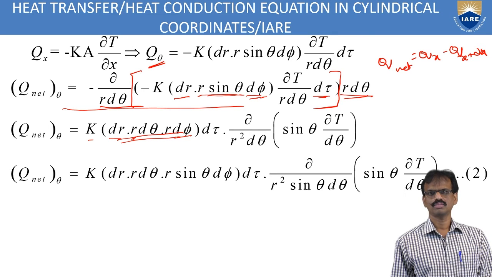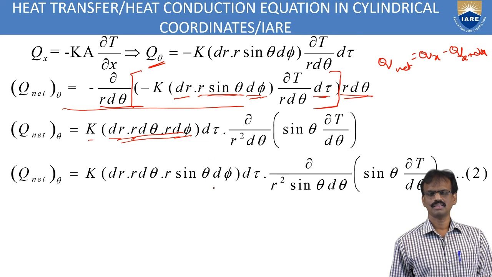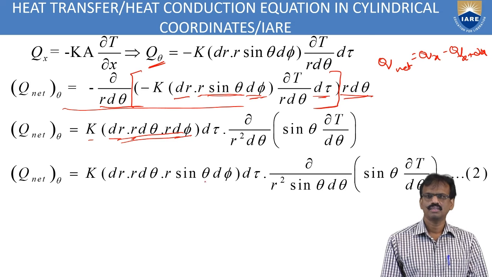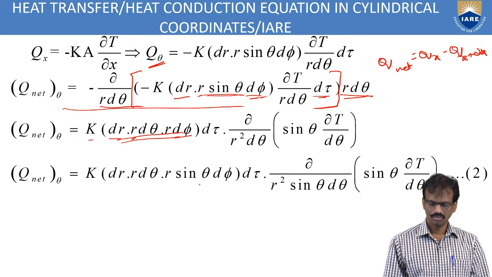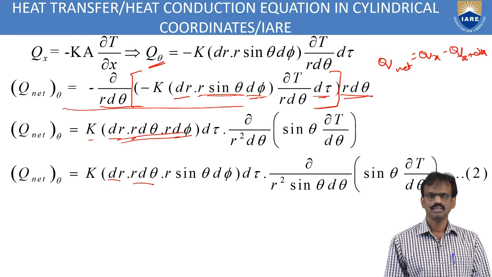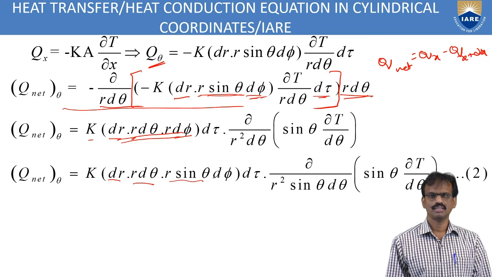So multiply and divide by r sin theta: dr into r d theta into r sin theta d phi, and in the denominator portion also r square sin theta.